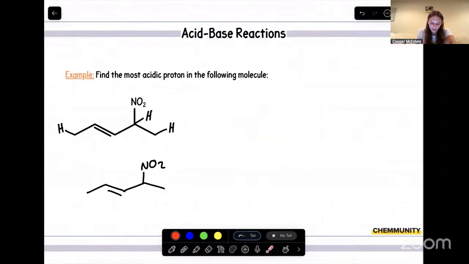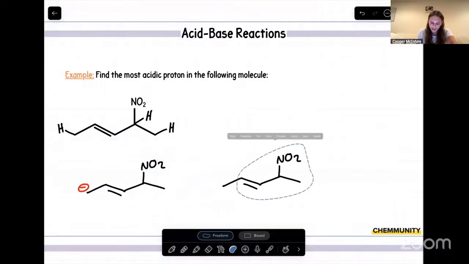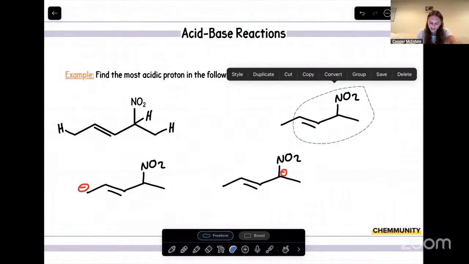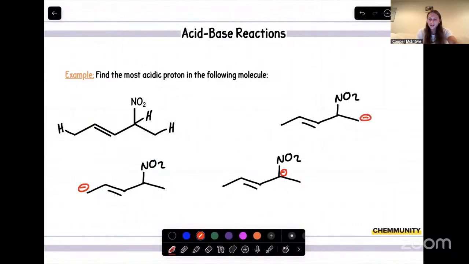And then what we can do is draw out the conjugate bases. Sweet. So now what we have to do is assess the conjugate base stability.